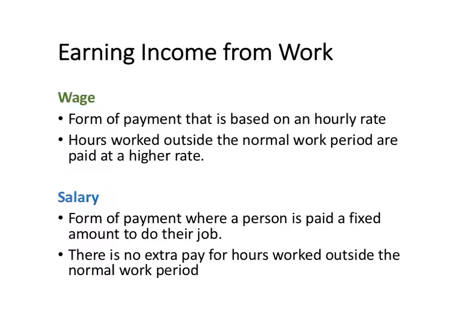So it can be very difficult to compare what someone's earning on a salary compared to what someone is earning on a wage. To help us do that comparison though, we can convert a salary from an annual amount into a smaller period of time, either weekly, fortnightly, or monthly. So we'll have a look at how we convert that salary amount into a smaller period of time.